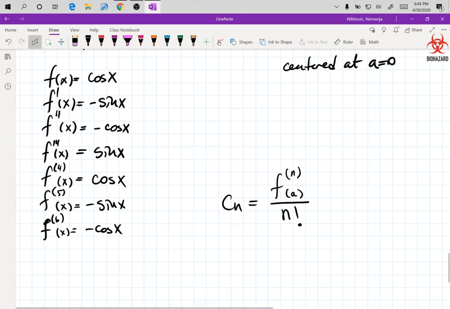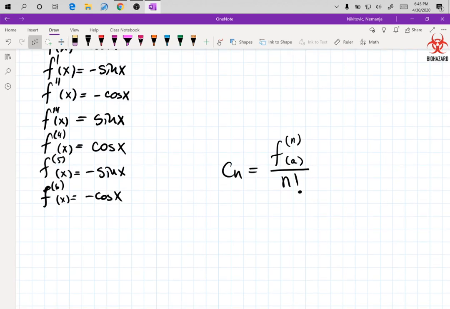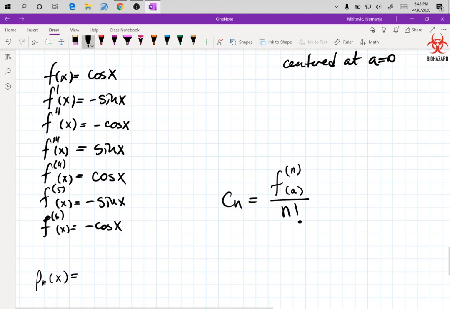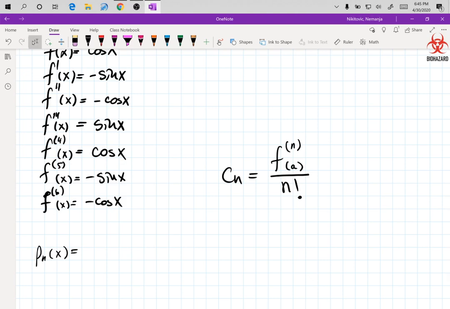All right, let's plug all of this in. So what's my P_n of x for cosine? Well, the first term is just f of a. I can write it out.